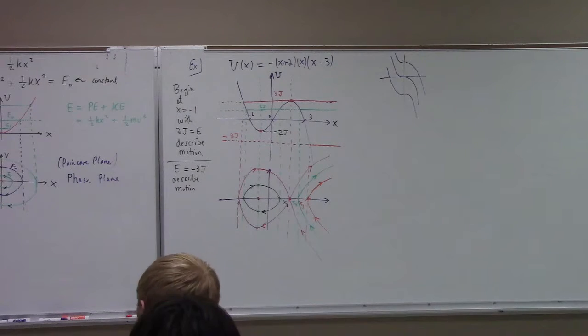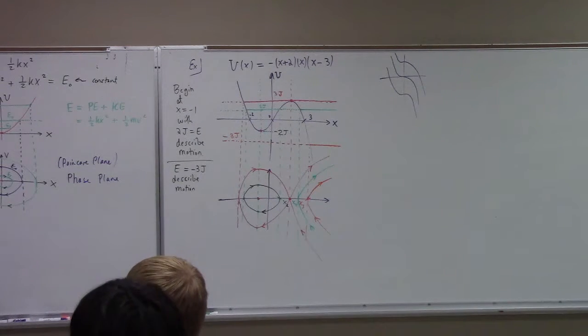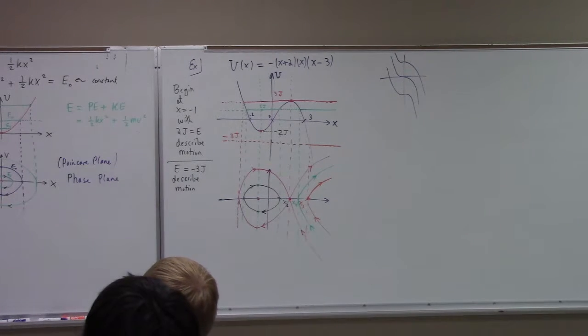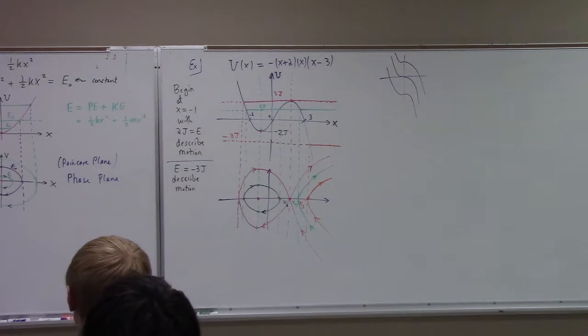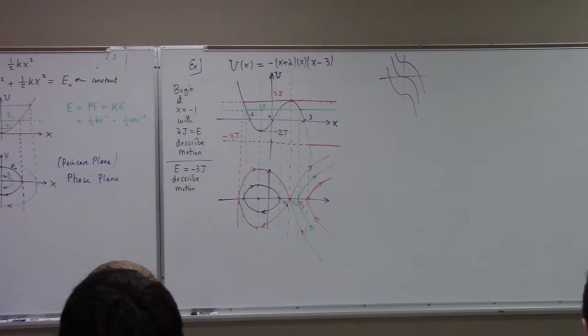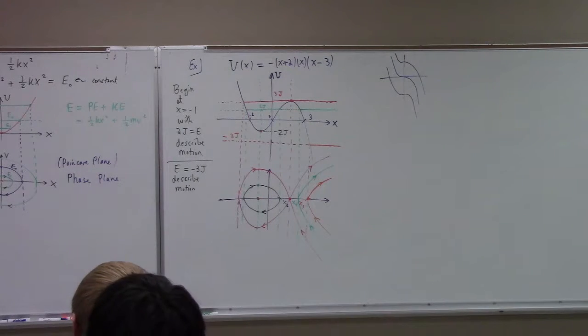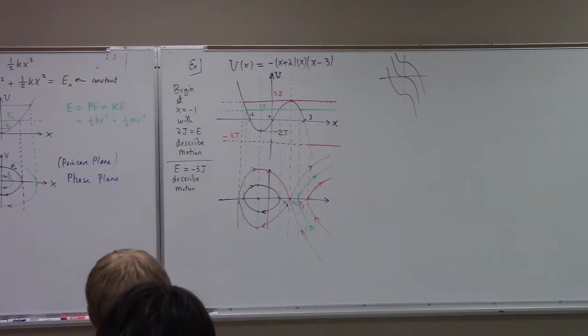By the way, the really cool thing is, if you think about U equals mgy, right? If you think about the plot of that, what's it look like? It's very boring. It's just a line, right?